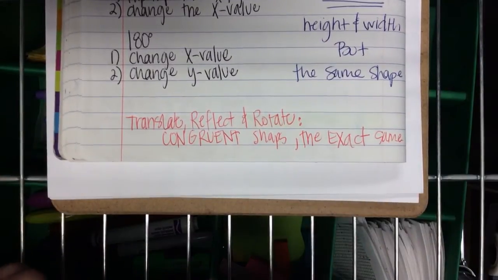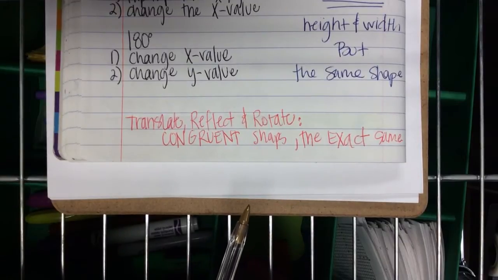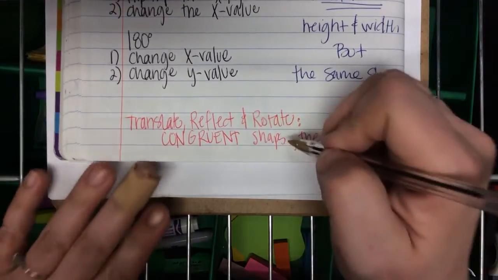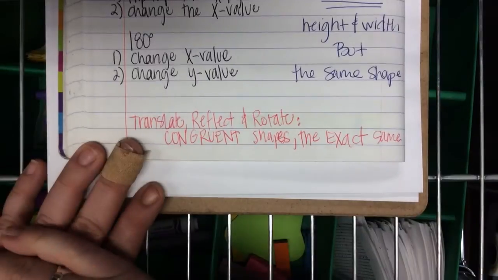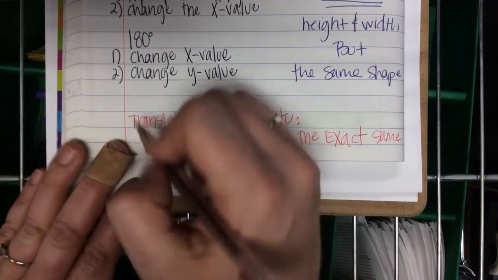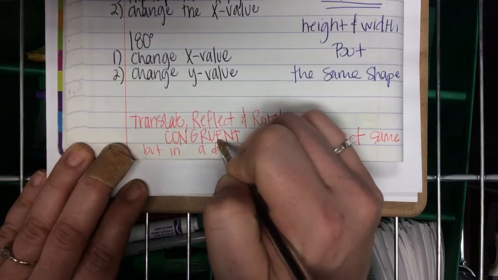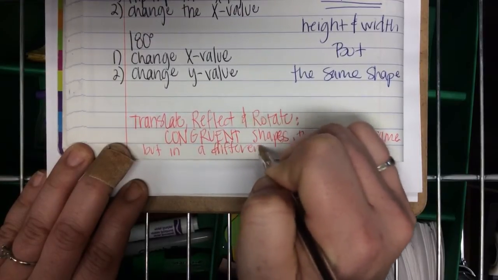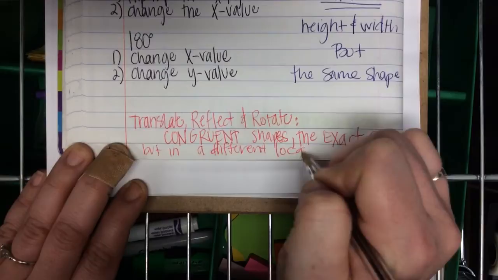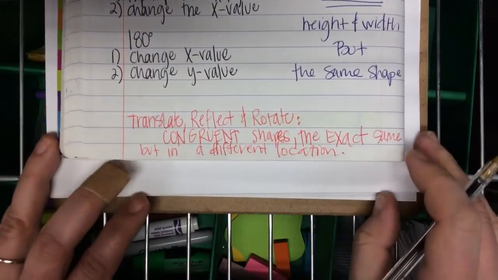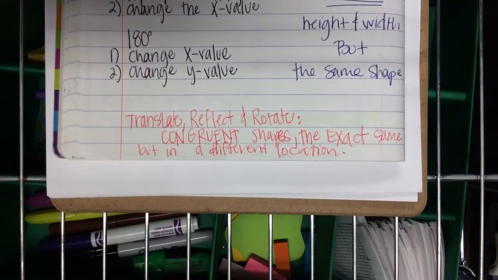Congruent shapes are exactly the same, but in a different location.